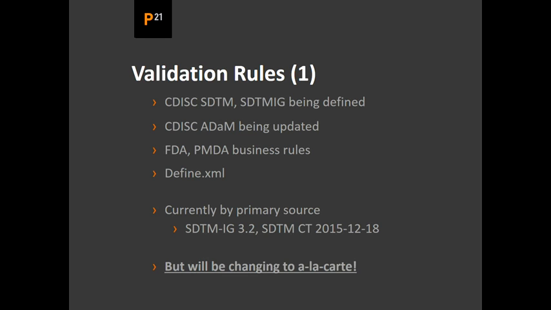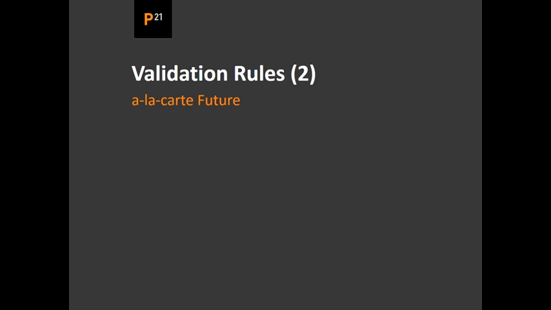But this is what's going to need to change based upon how the standards are expanding, thinking of them as the Big Bang. You're going to have to move to an a la carte version where you select different components of the standards that you're using, and those are brought together into a package that's used, the combined package.